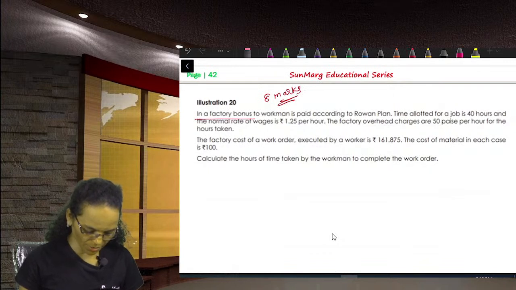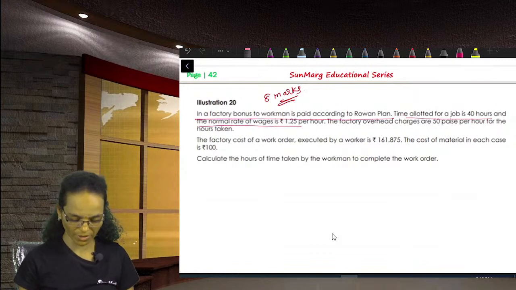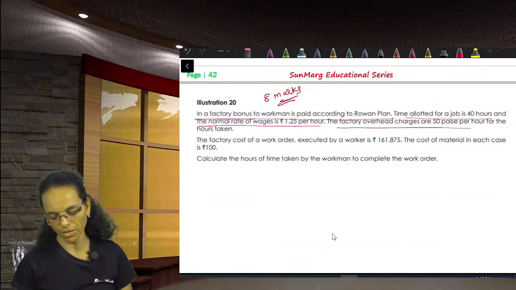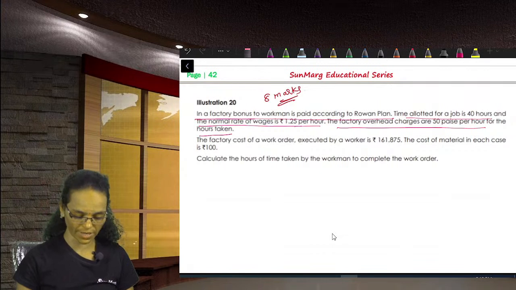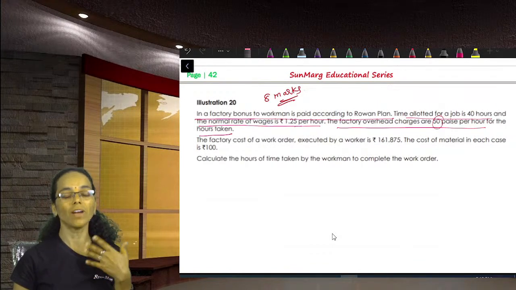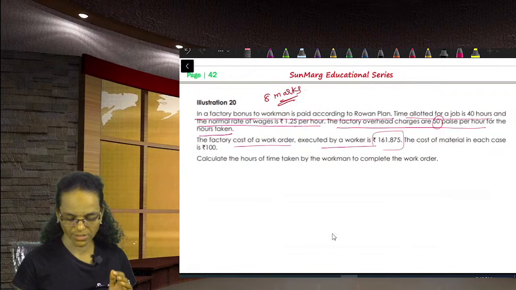In a factory, bonus to workmen is paid according to the Rowan plan. Time allowed for a job is 40 hours and the normal time rate for wage is 1.25 paisa per hour. Factory overhead charges are 50 paisa per hour for the hours taken, meaning the number of hours taken into 50 paisa per hour as factory overhead. The factory cost of a work order executed by a worker is given.